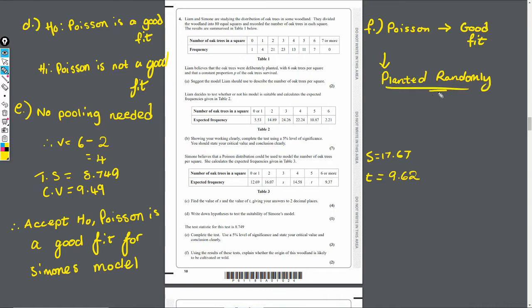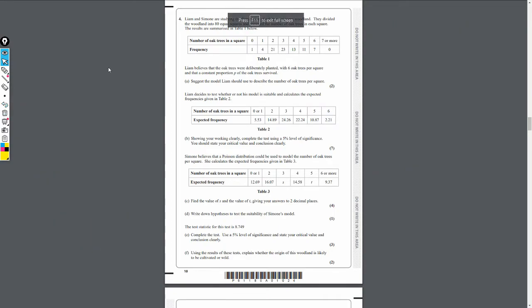So if they're planted randomly, that would suggest that the origin of the woodland is likely to be wild rather than cultivated. And there we have it. So that's question 4, finally fully complete.